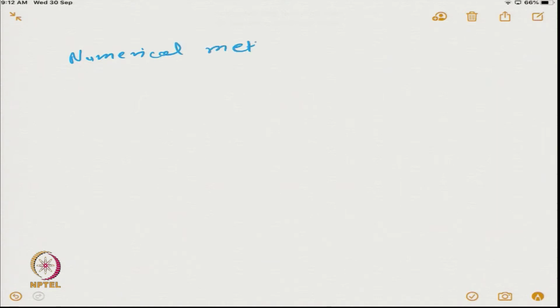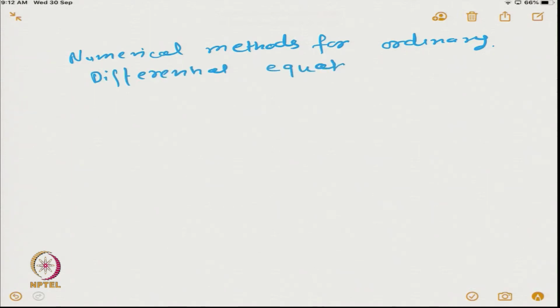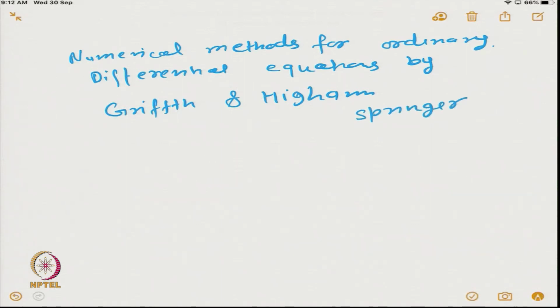Numerical methods for ordinary differential equations by authors Griffiths and Higham, and the book is published by Springer. So, this is the book which we will be following for this part of the course.